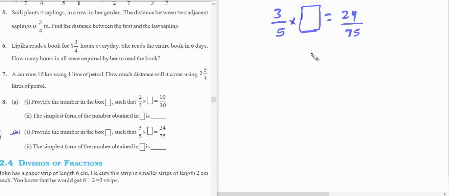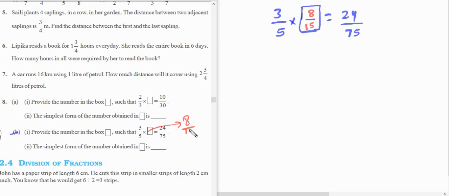Now what will be the number? 3 into 8 will be 24, right. And 15 5s are 75. So 8 by 15 will be your answer in this box.